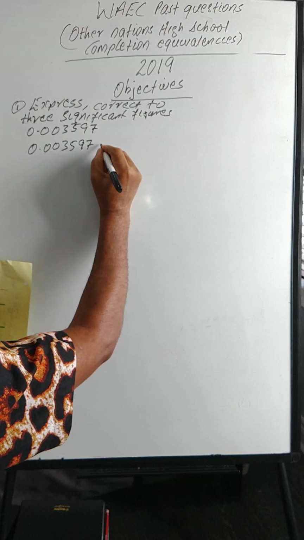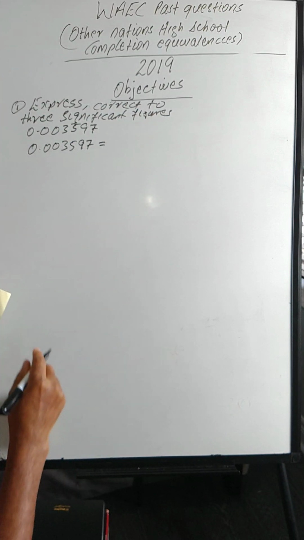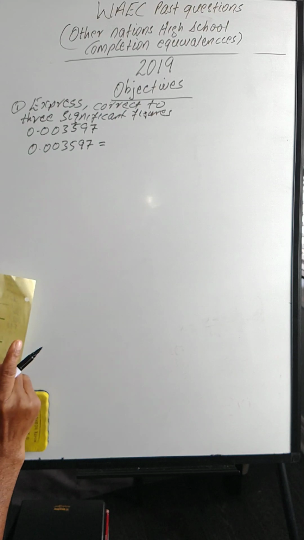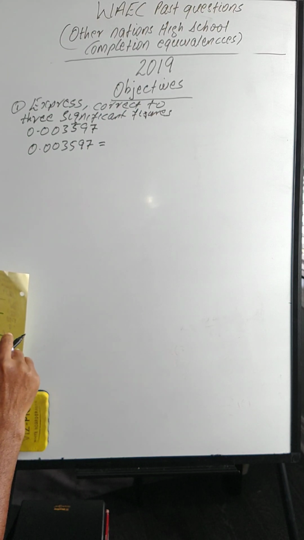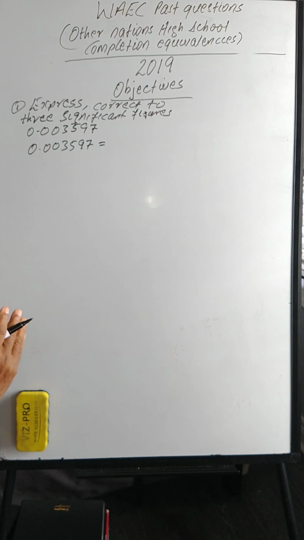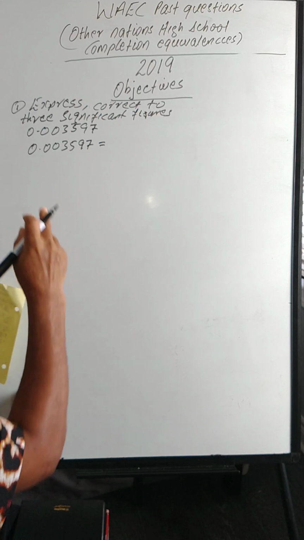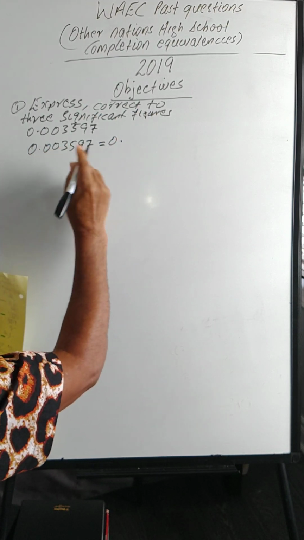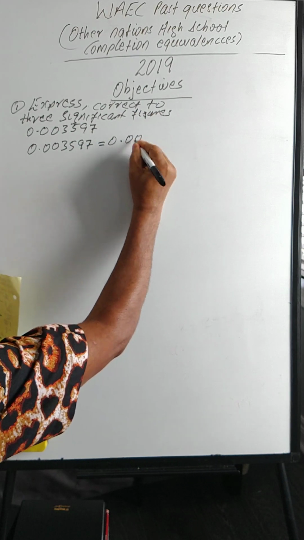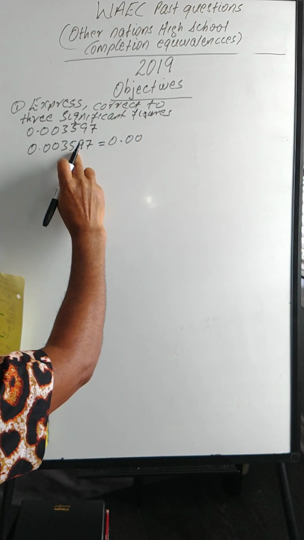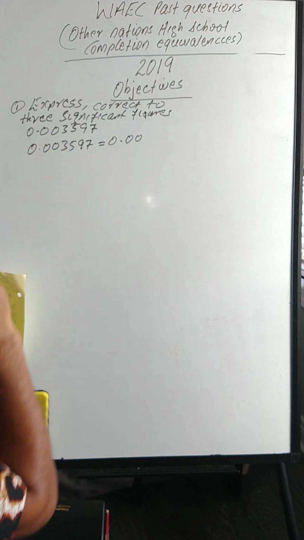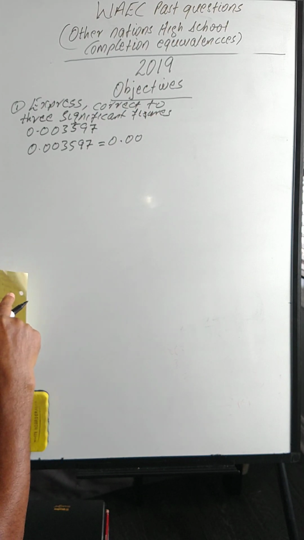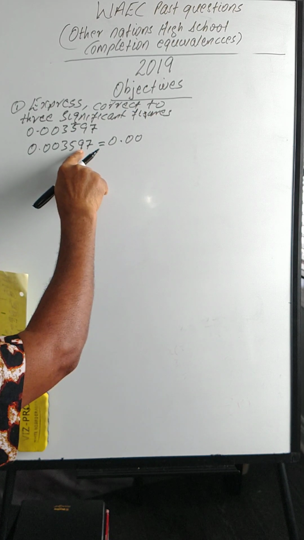0.003597 will be equals to, now the preceding zeros are not significant figures, except when the 0 is sandwiched by other digits. But for this, it is not a significant figure. These other 2 zeros are not significant figures. This is 1, 2, 3. But the fourth one is up to 5. We round it up and call it 1 and add it to this very 9.